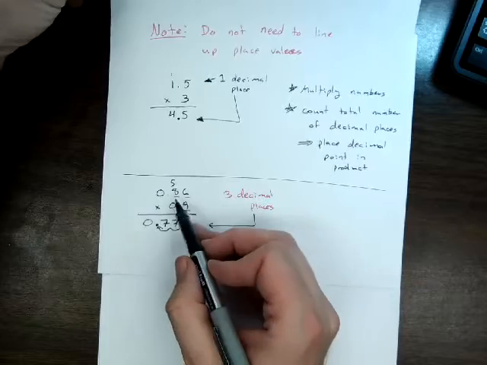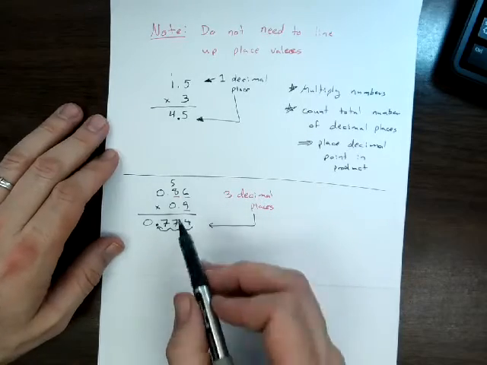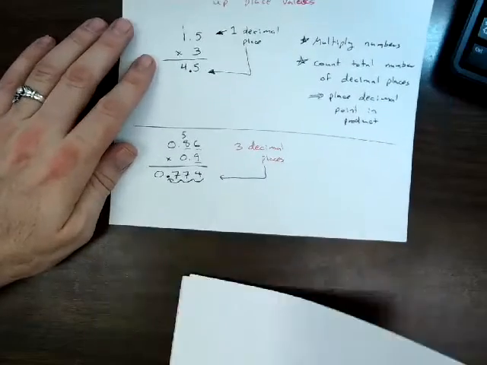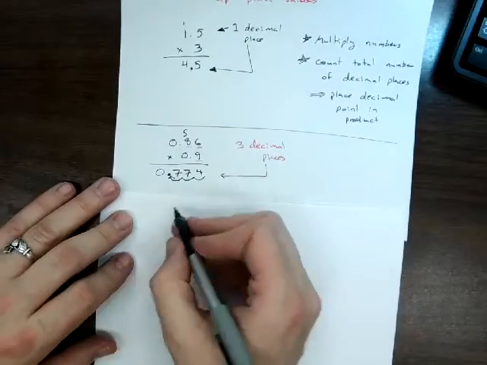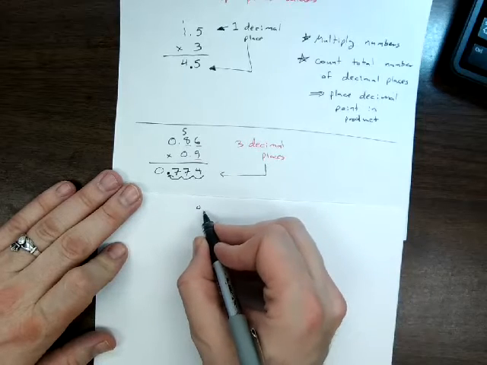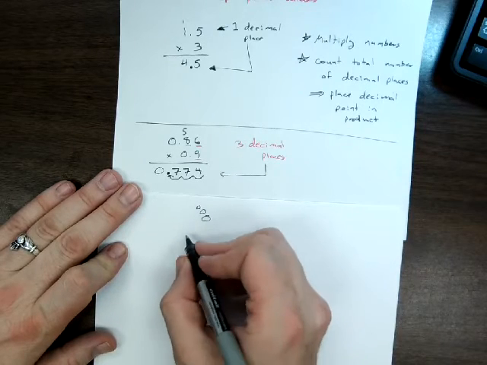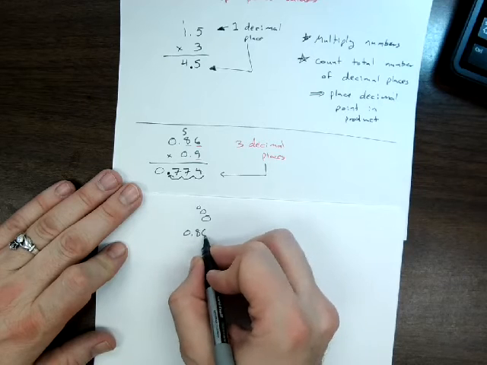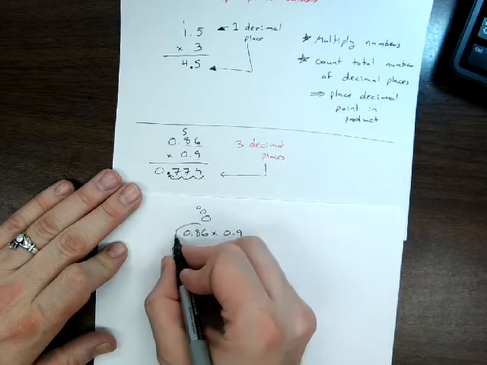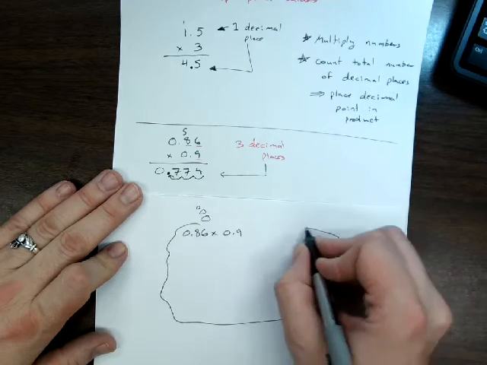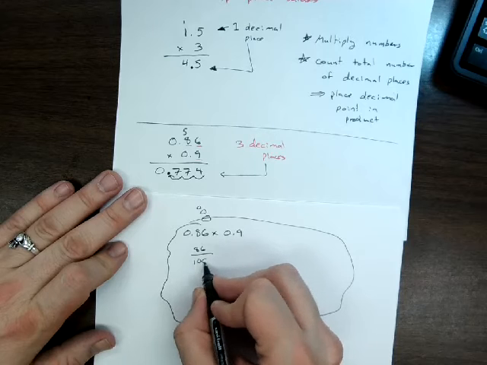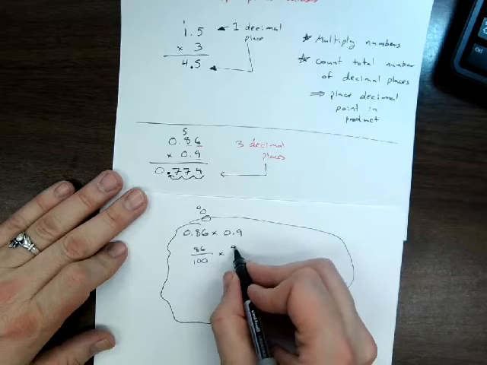And the reason why behind this is because of how these numbers work. So thinking about this, this 0.86 times this 0.9, what's happening here is we've got 86 over 100, times 9/10.